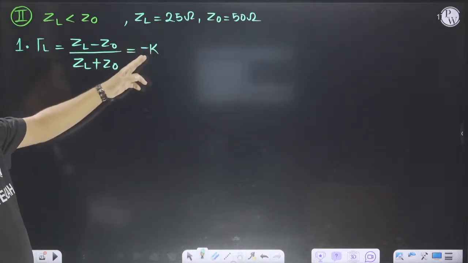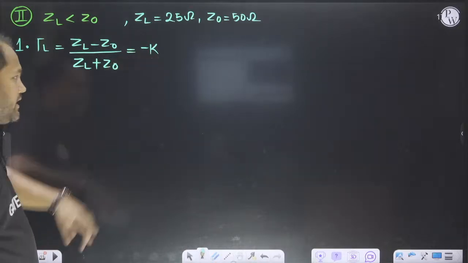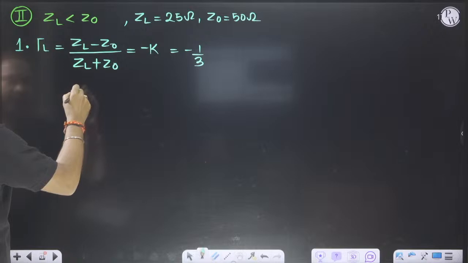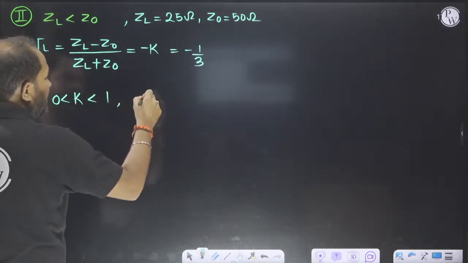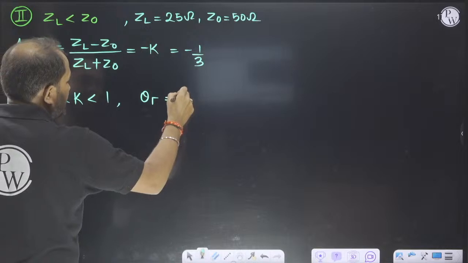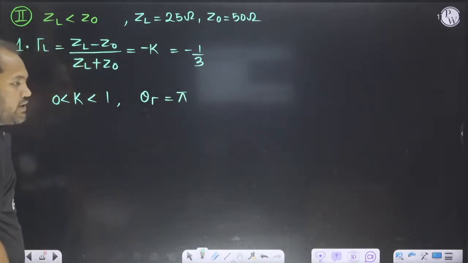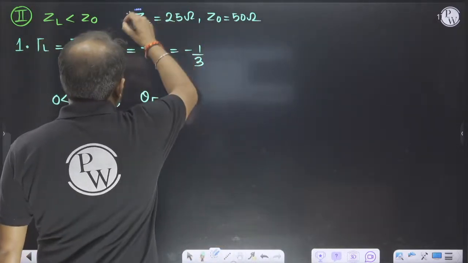So the value will be negative and K will be less than 1. And since the value is negative, theta gamma should be pi. So like that you can understand.